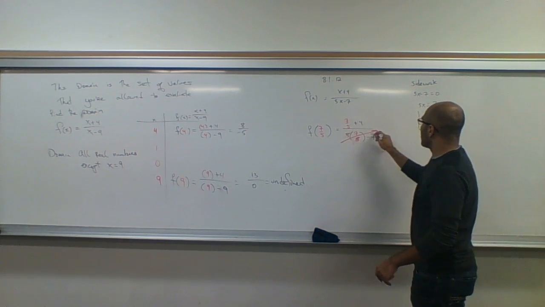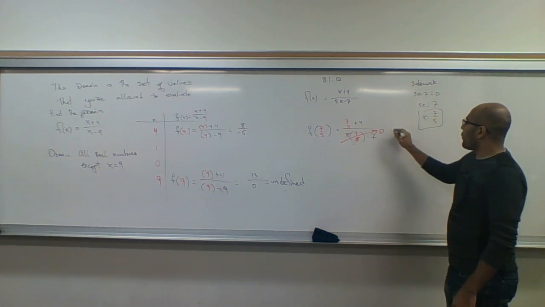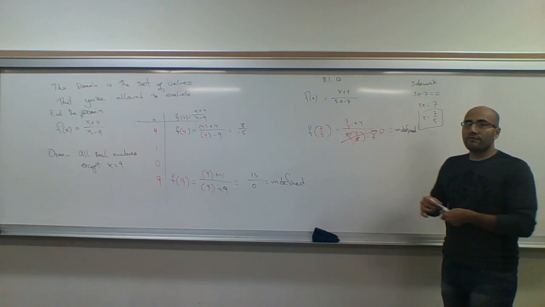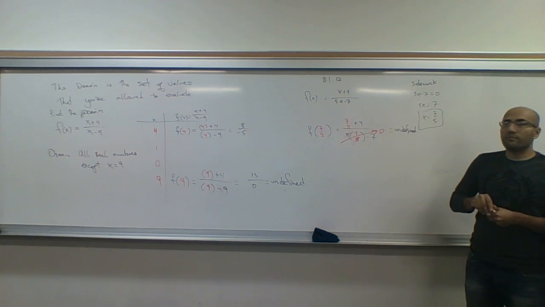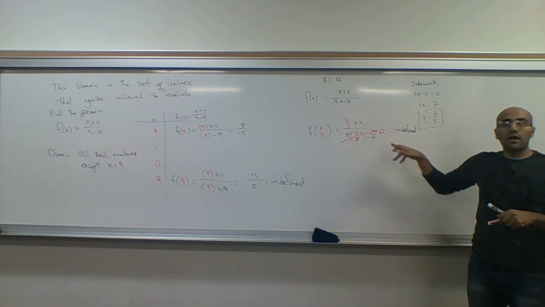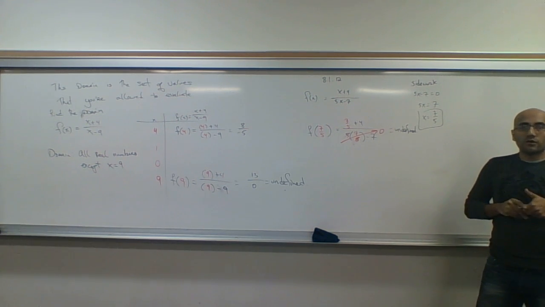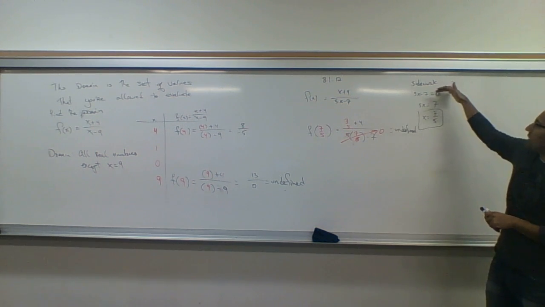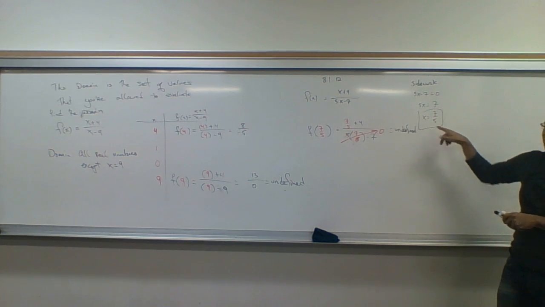So the whole denominator goes to 0, and I know the whole thing is going to be undefined. Not allowed. Who cares what the numerator is? I don't even bother adding the numerator because I'm dividing by 0. I know it's undefined. Good? And it's the only number that will do that. I know that because I did my little side work and this was the only value that will do that.